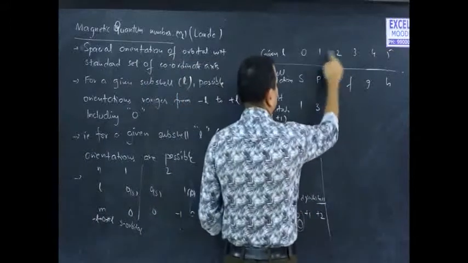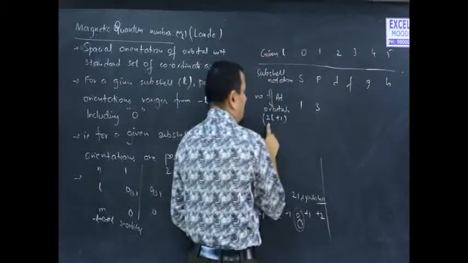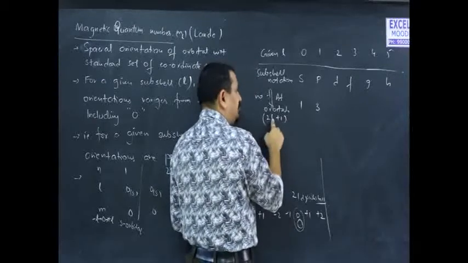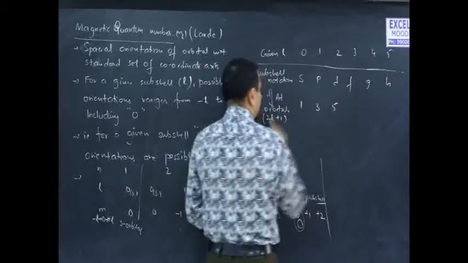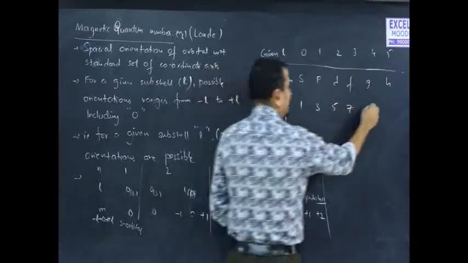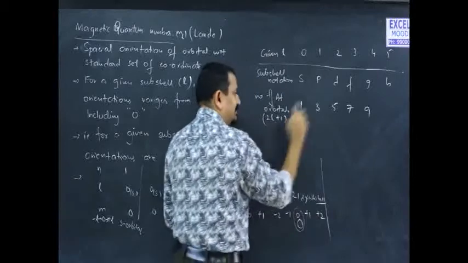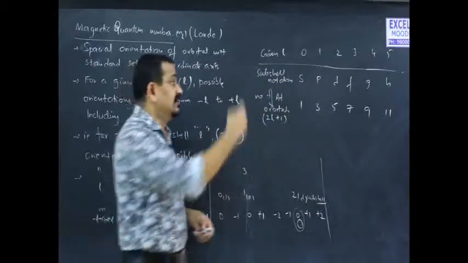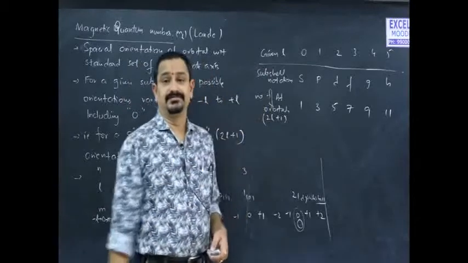And for L equals 2, the d subshell, how many atomic orbitals are possible? 2 into 2, 4 plus 1, 5. For 3, 2 into 3, 6 plus 1, 7. For 4, 2 into 4, 8 plus 1, 9. For 5, 2 into 5, 10 plus 1, 11. 11 orientations mean 11 atomic orbitals are possible under that subshell.